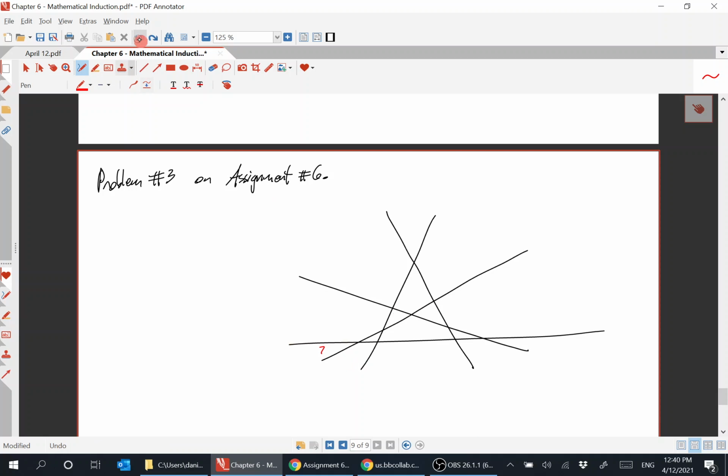So we have 5 lines and bounded regions. We got 1, 2, 3, 4, 5, 6. 5 lines and 6 bounded regions.